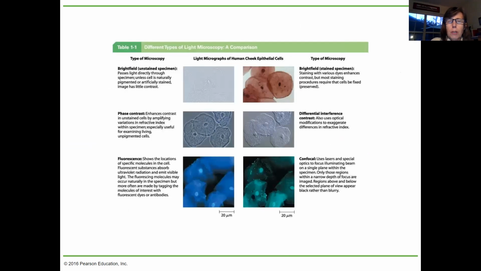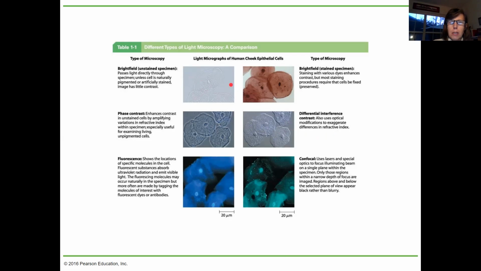So these are different kinds of microscopy using light, just a comparison of what you see. And you can see with phase contrast and differential interference contrast, you see more contrast between the substratum, the plate here, and the cells. So compare these two with this one, for example.